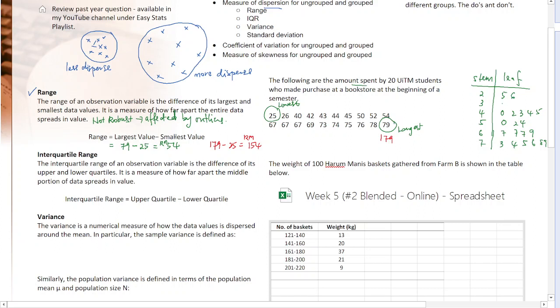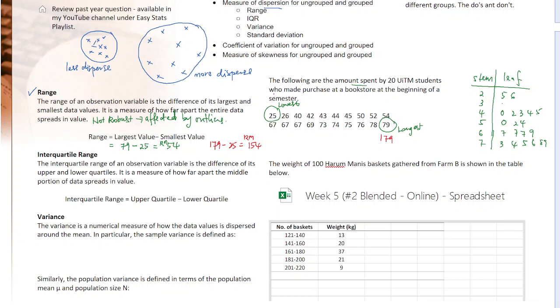This is the same case as what you have in the mean. In the mean too, it is the same, right? If we have one value that is too large or too small, then the mean value will be pulled towards the extreme values. So same thing over here. When we have extreme values, the range value also will be pulled towards the larger value.